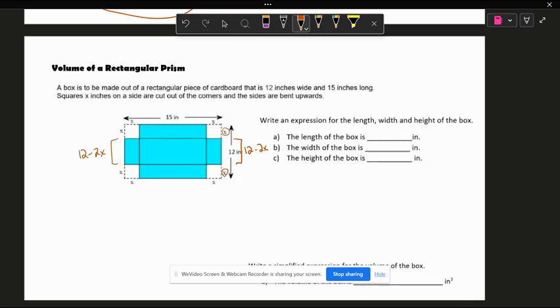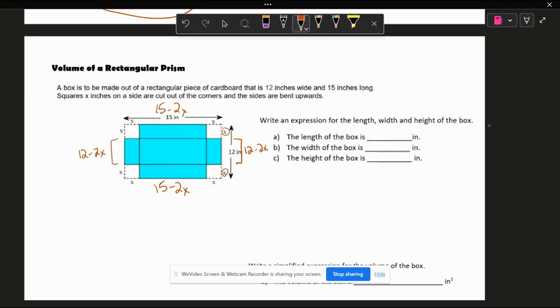2 x's, so that's why we have 2 x's. Then likewise, the whole length is 15 inches. But if we take off an x on the left and an x on the right, we get 15 minus 2x, and 15 minus 2x.